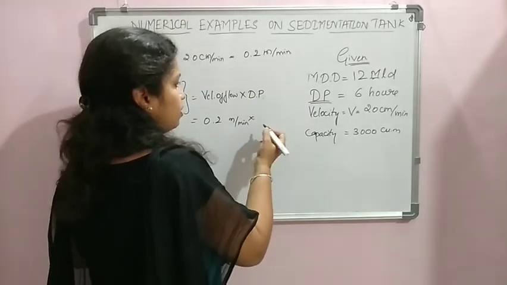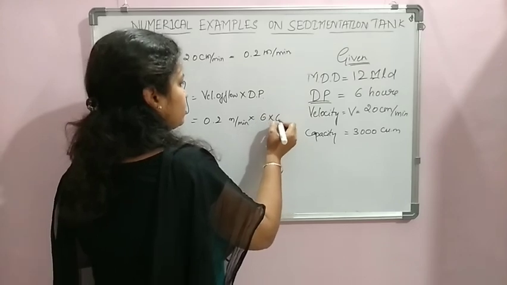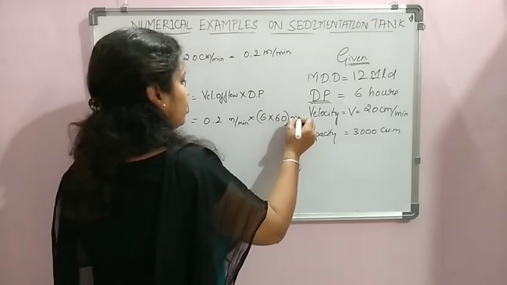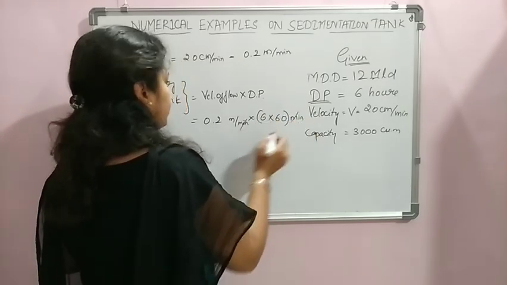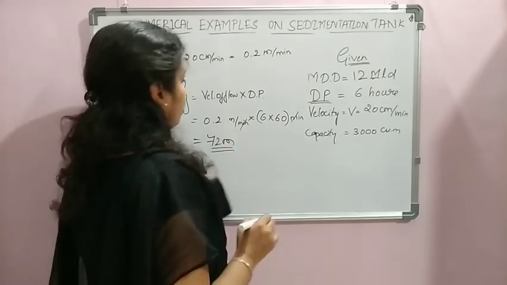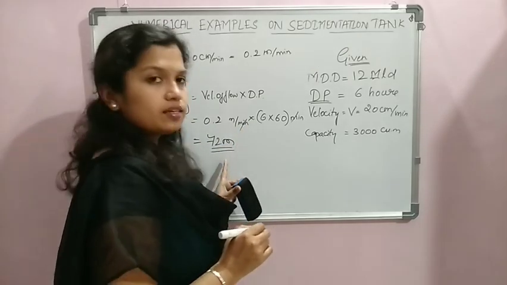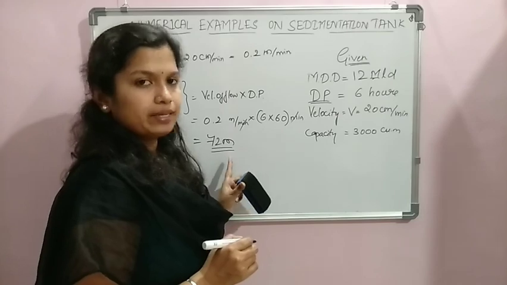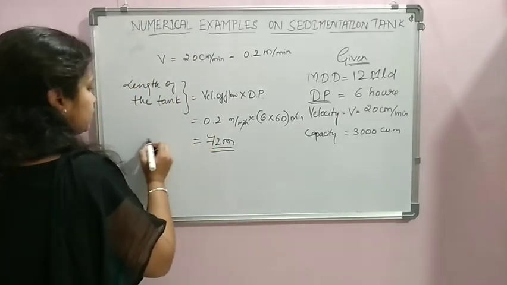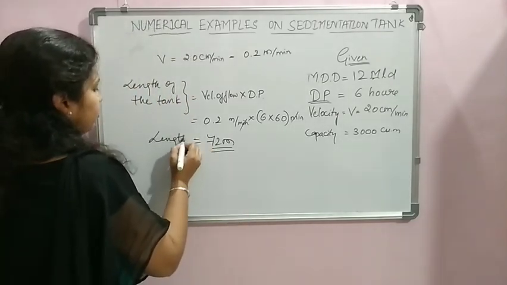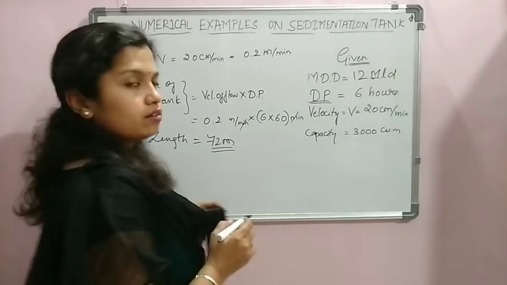It is given in hours, so let us convert it into minutes. That is 6 into 60, so then it will be in minutes. After we multiply both of them, the answer is supposed to be 72 meter. This is the required length of the tank.